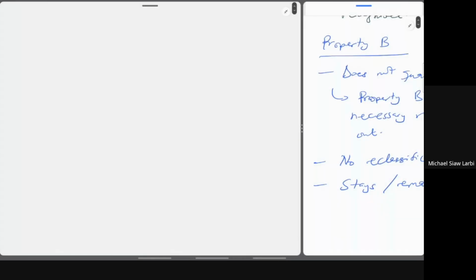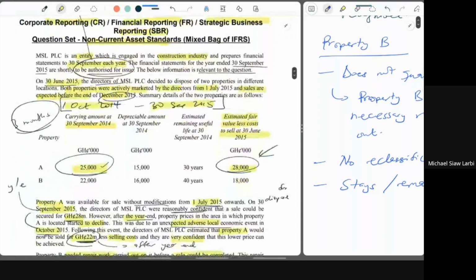So let's go and pick the figures here. We are told that the carrying amount at the last year end was 22 million. And then the depreciable amount at the end of the previous year, 16 million. Remember, we said the depreciable amount is what you use to charge depreciation. What is the useful life? Property B has 40 years. Property A, remember, was 30 years. B has a useful life of 40 years.